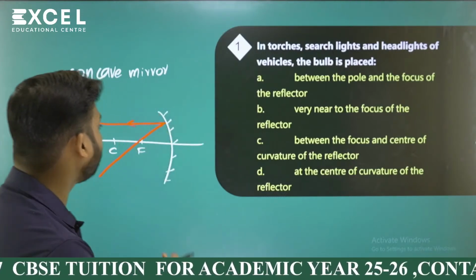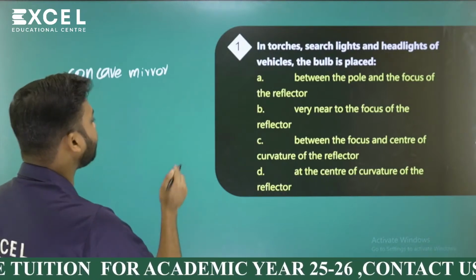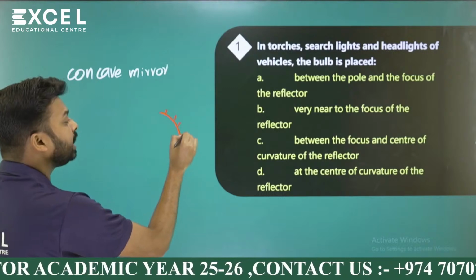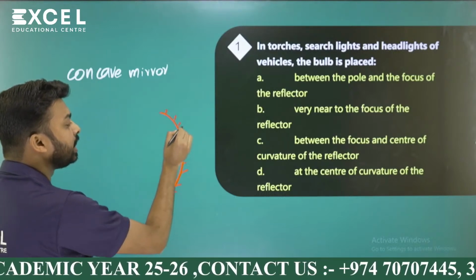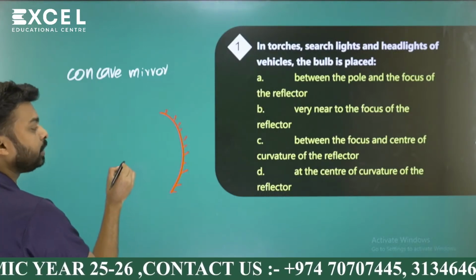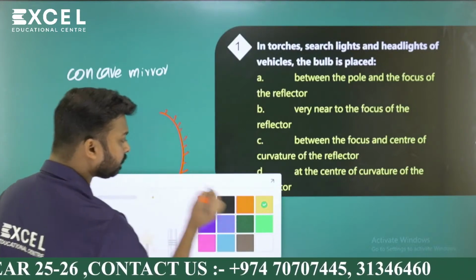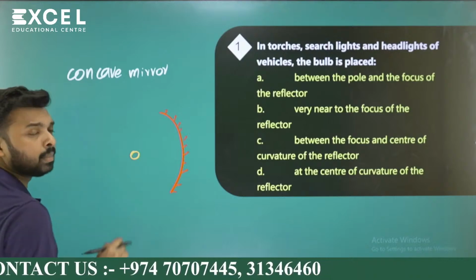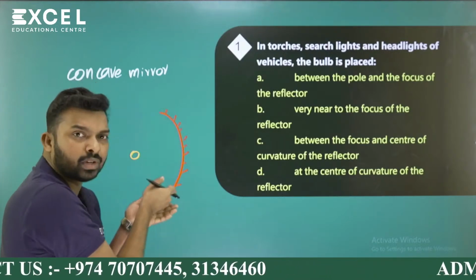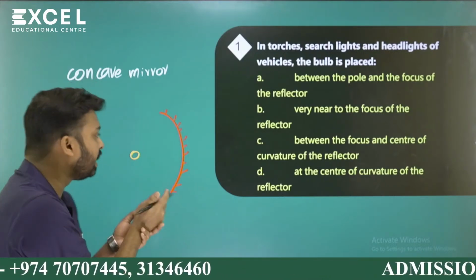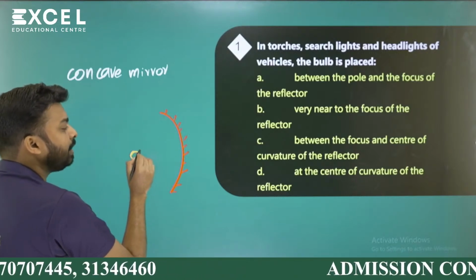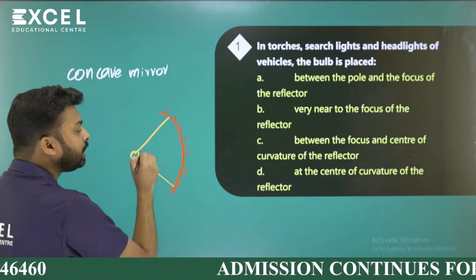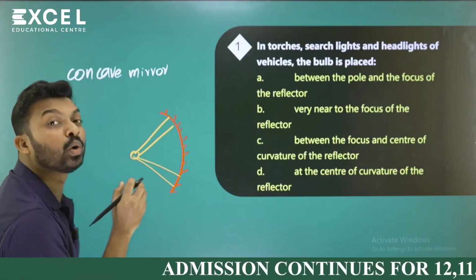So we keep a concave mirror inside the torch, and we keep the bulb very close to the focus. The bulb emitting light sends light to different parts of the concave mirror.